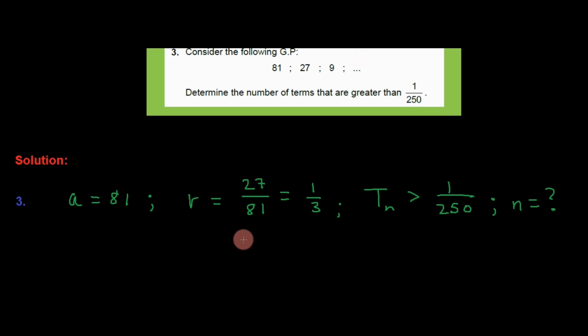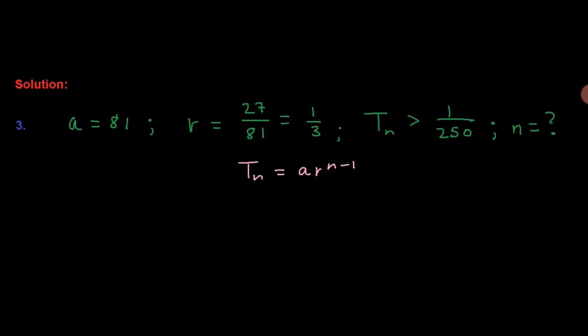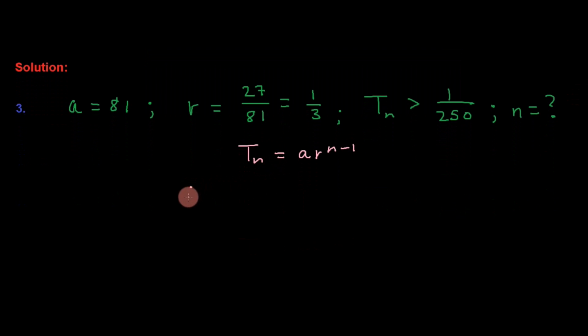So we can use the formula T sub n equals AR to the n minus 1. We can plug in our values. So A is 81, R is a third. We have to find n, and this is T sub n, so it must be greater than 1 over 250. We need to solve for n in this inequality, so we can divide the 81 into the right-hand side.